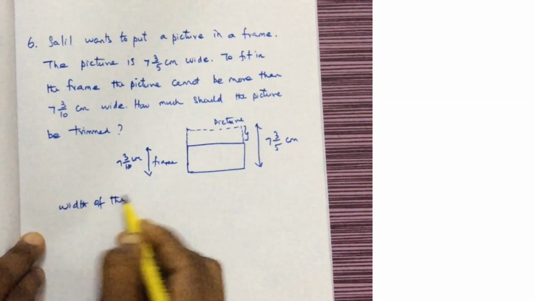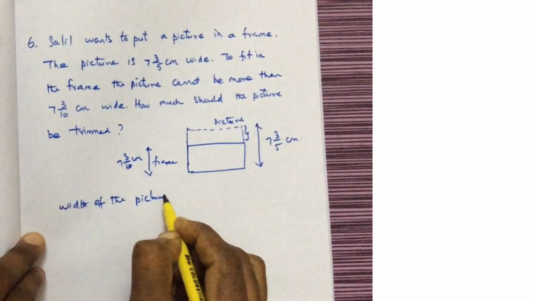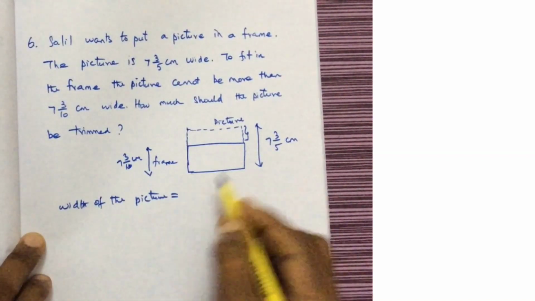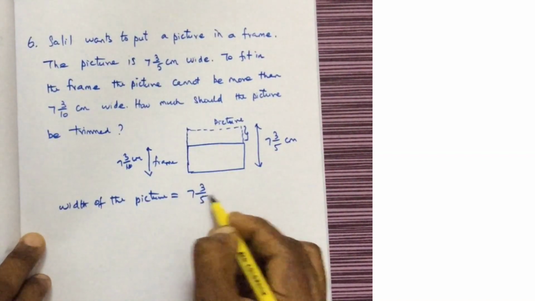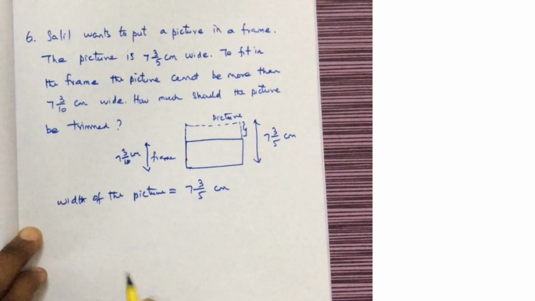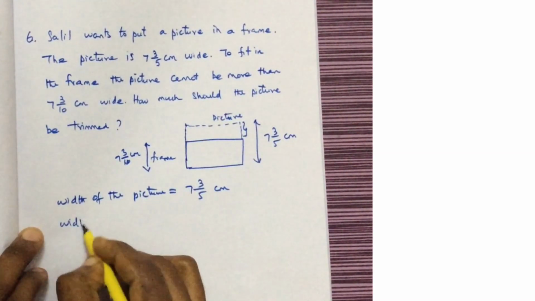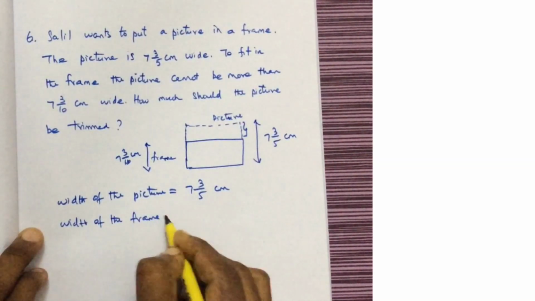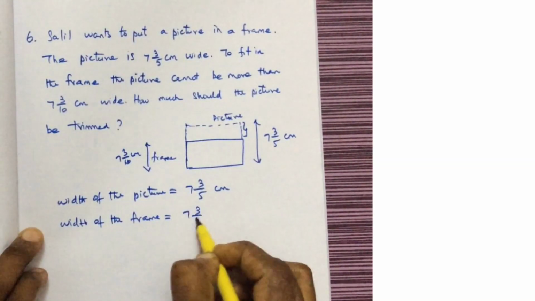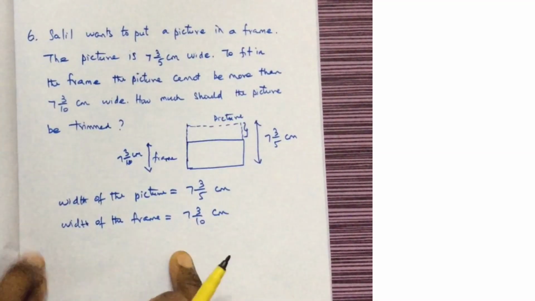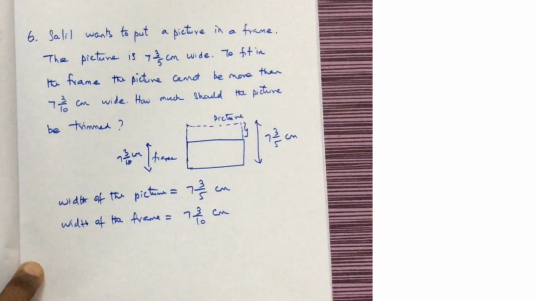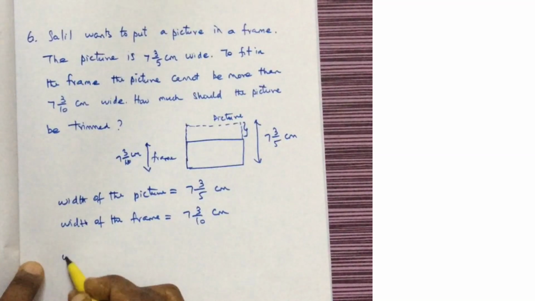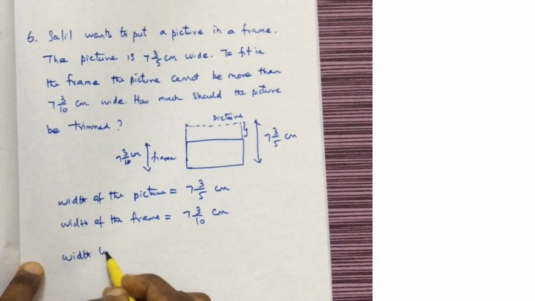The width of the picture is 7 3 by 5 centimeter, but the frame is only 7 3 by 10 centimeter. The picture cannot be more than that.